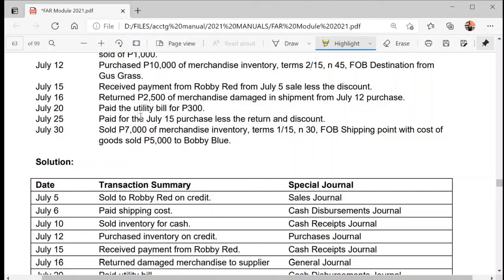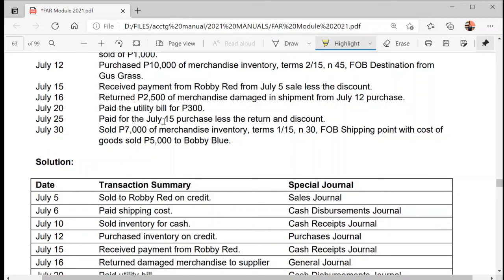So, dili siya mabelong sa purchases journal because the purchases journal is only intended if we buy on account. Pero kani, return man siya. Wala po siya transaction that involve cash, so it cannot qualify either sa cash disbursement or cash receipts. So, asa siya padung, ato siya sa general journal.